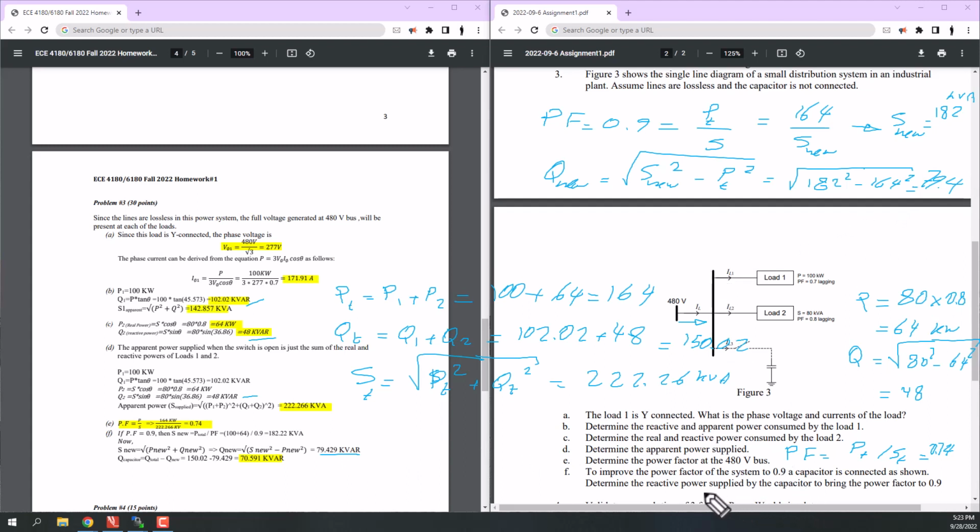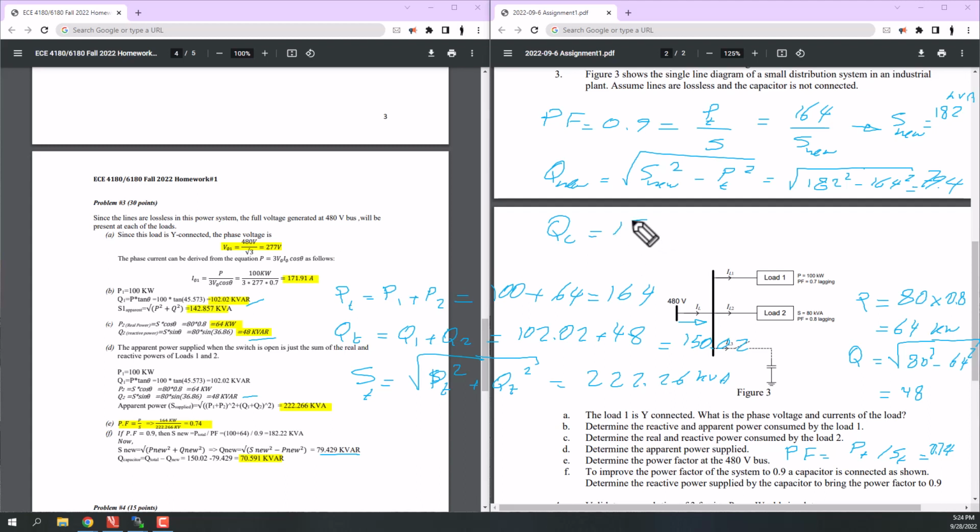We are not asked to calculate the capacitor value, so we just need to determine the capacity of the capacitor. So QC is the difference between the reactive power that we had here and the new one.